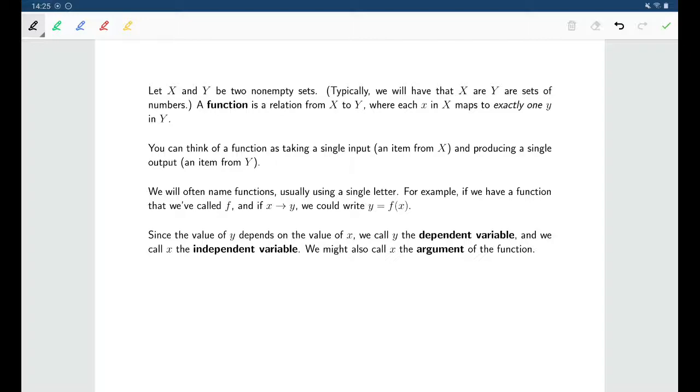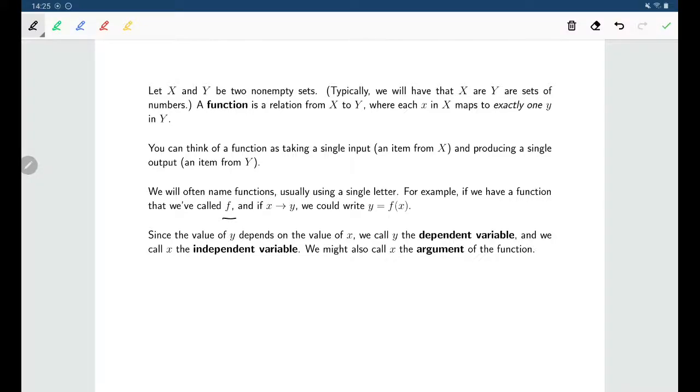So most of the time, though, when we're talking about functions, we won't be listing them as pairs of points or drawing those little mapping diagrams. Normally, we write a function as an expression using variables. Normally, we would write it as f of x is equal to something involving x's. And so that gets us into the idea of our naming conventions. Normally what we'll do is we'll name a function with a single letter.